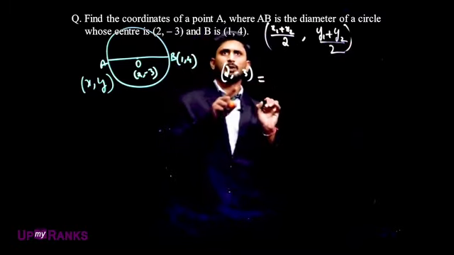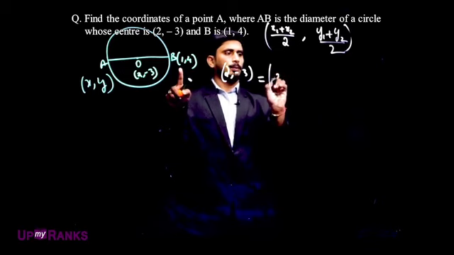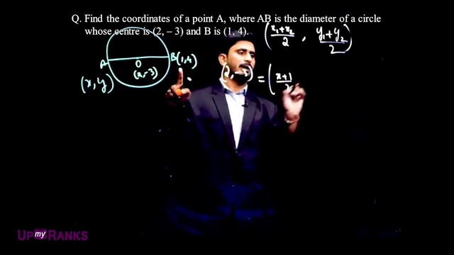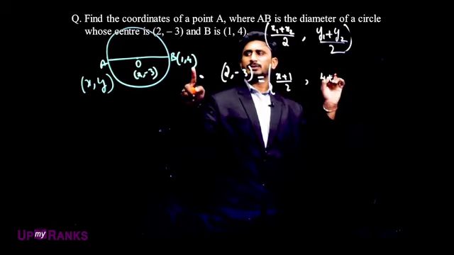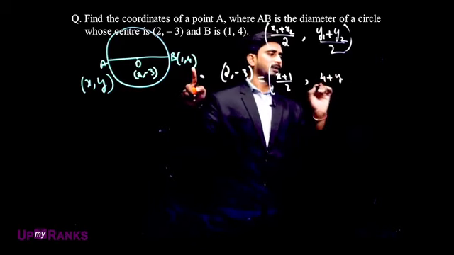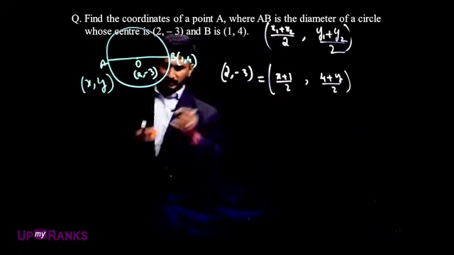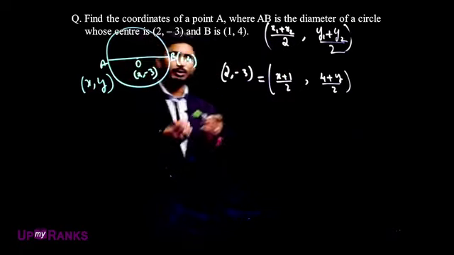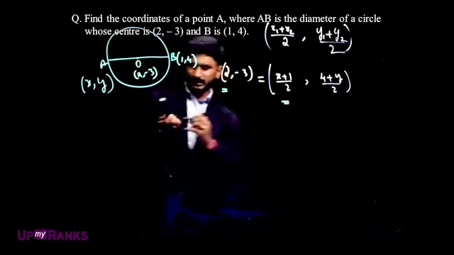So midpoint is 2 comma minus 3, which is equal to x plus 1 divided by 2, and 4 plus y divided by 2. As we did before, I have to find the x and y values, so I will consider this and this.